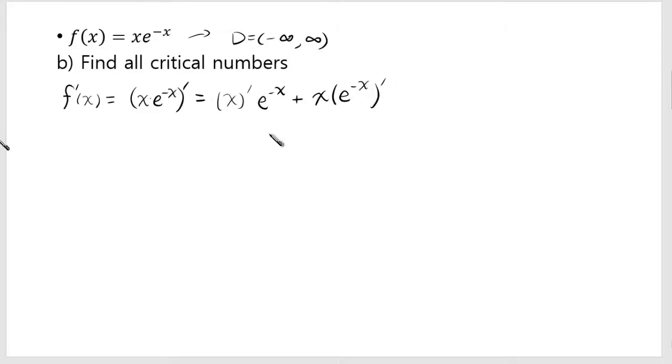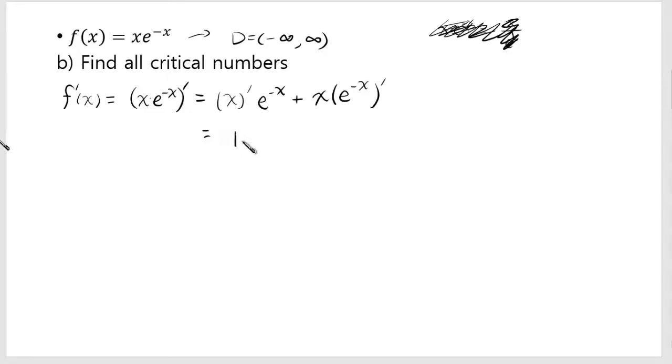I mean, there's another way to approach this, which is to write e to the negative x as 1 over e to the x, so it becomes x over e to the x. In that case, you can make this a quotient, so you can use the quotient rule after doing this transformation. But the quotient rule is so complicated that it's much worse than the product rule, that you don't want to use it. So let's stick to the product rule.